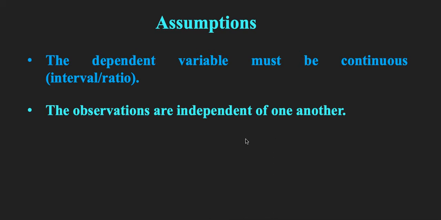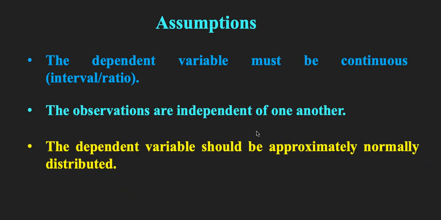Then the dependent variable should be approximately normally distributed, which I have presented in my previous videos, how to find normality in the dependent variable.